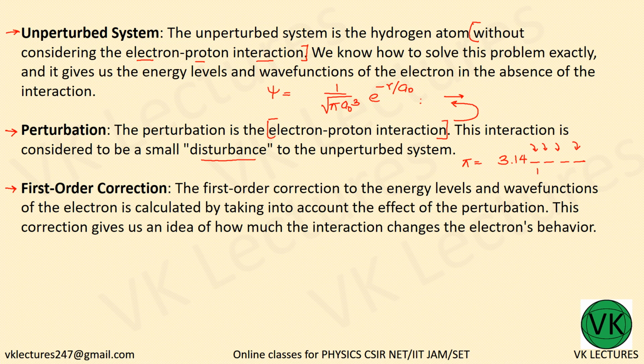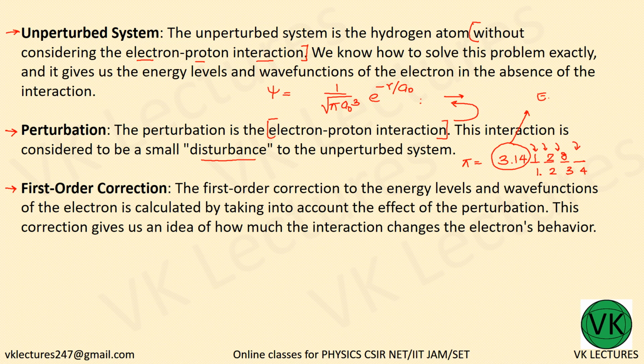If you call this the first order correction as the first term, so let it be 1, this is 2, or this is 8. All these points correspond to first order correction, second order, third order, fourth order. So if this is the unperturbed state energy or wave function or any particular quantity, the next term that is being added to this is considered as the first order correction, then second order correction.